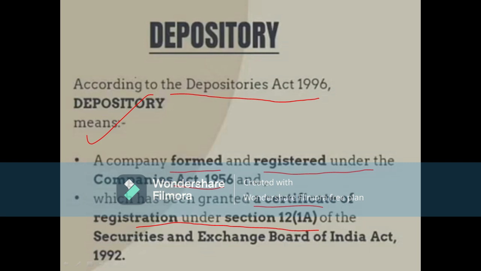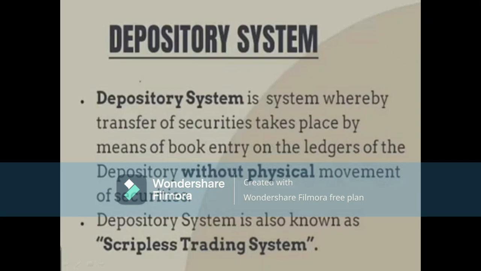If any company wants to become a depository, first of all it should be registered under the Companies Act, and then it has to register with SEBI. SEBI gives the permission to this company to act as a depository. So that is a depository. And what is a depository system?